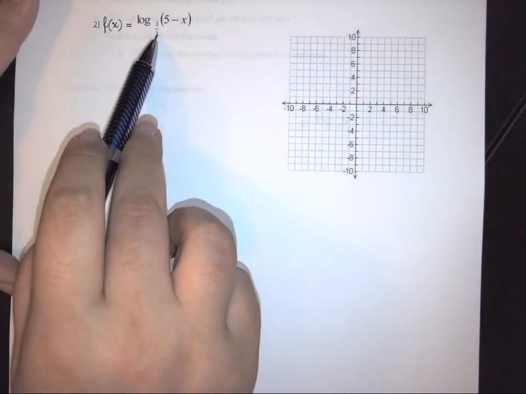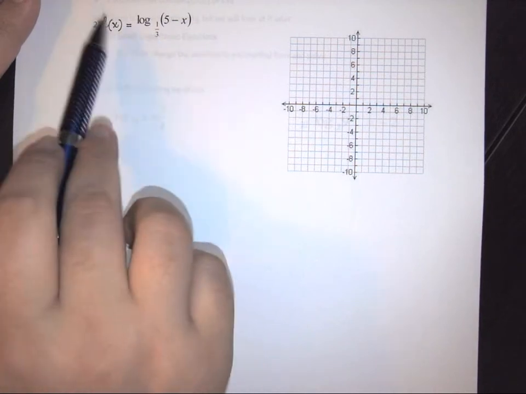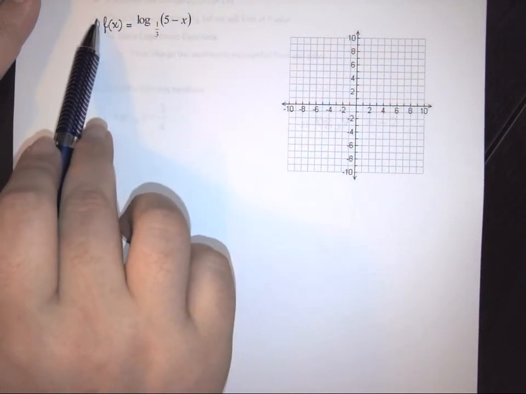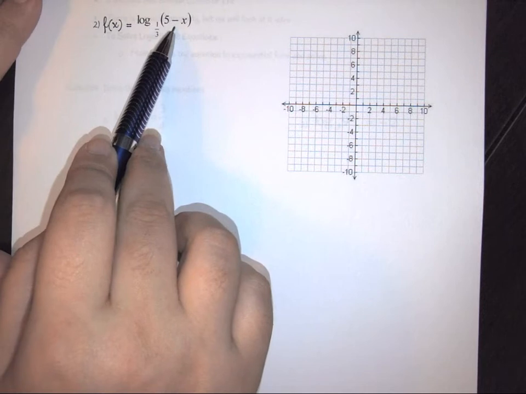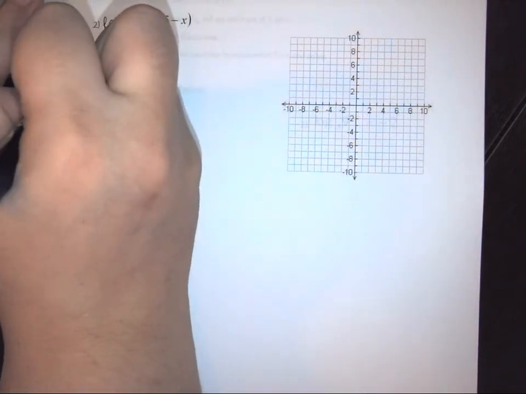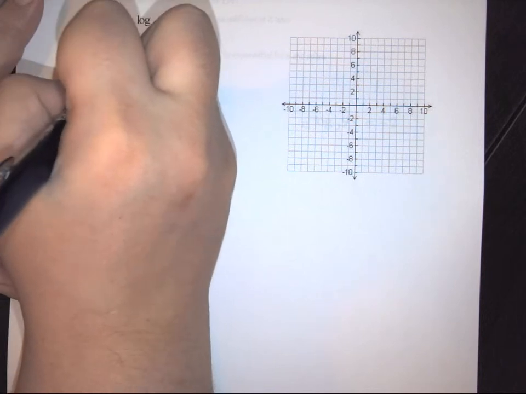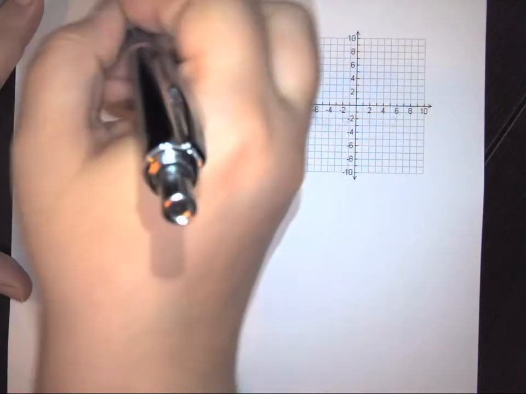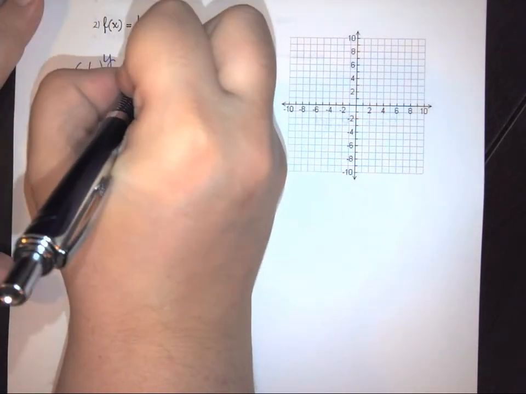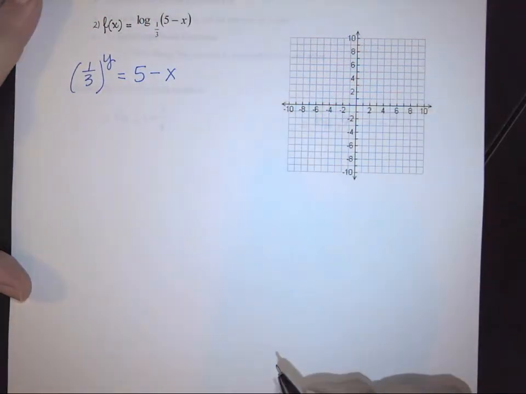So remember, this is going to go base over to my exponent equals my stuff. So this is going to be 1/3 to my y is equal to 5 minus x.